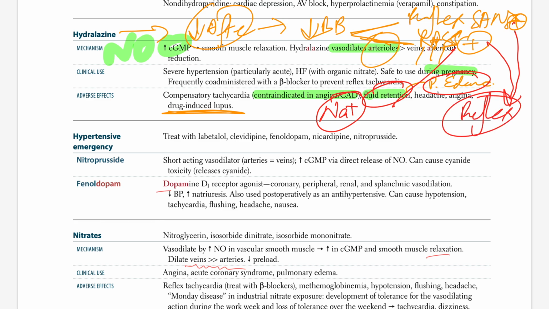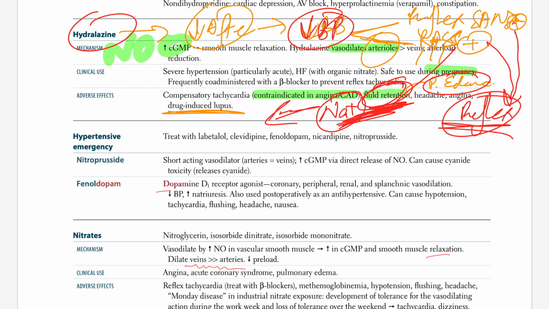So with these factors, fluid retention, sodium retention, reflex tachycardia, these drugs are not used for long-term decrease in blood pressure, because you did decrease the blood pressure at the cost of what? At the cost of reflex tachycardia, fluid retention, sodium retention, all of that.